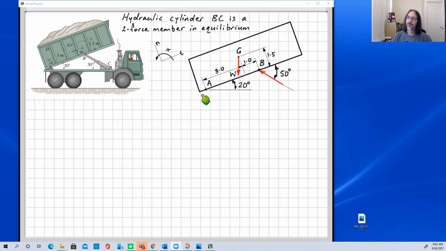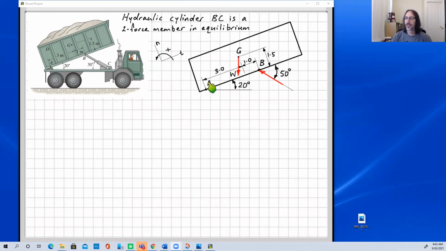The reason I've decided to do it that way is because I've been given all of these dimensions along the length of the dumpster. I know that I'm going to have to use a moment equation and calculate the moments of various things, so I've decided to find my components in this orientation.